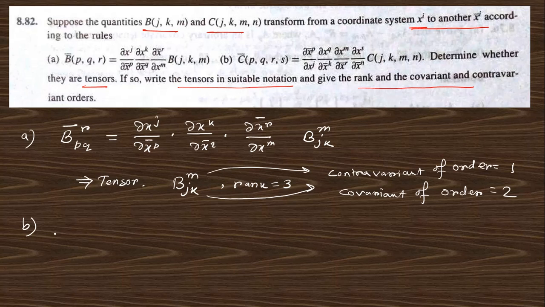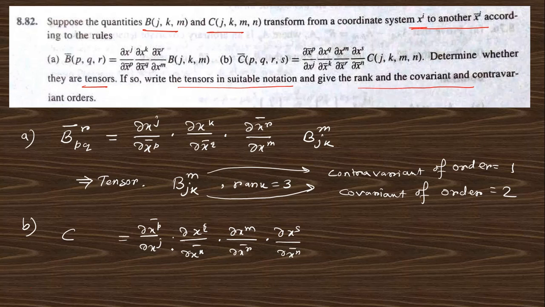But in the case of this, you can see here, that is C, del x p bar, del x j, del x q, del x k bar, del x m, del x r bar, del x s, del x n bar. Clear?